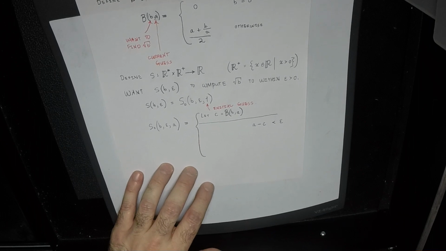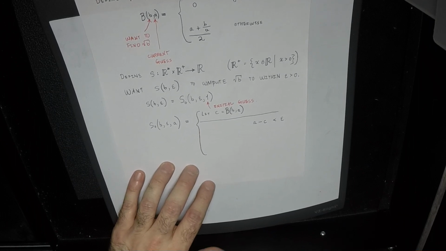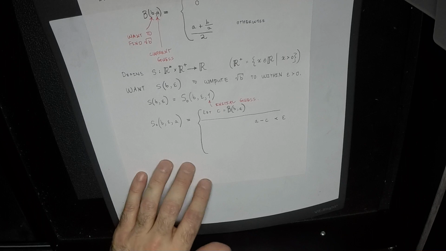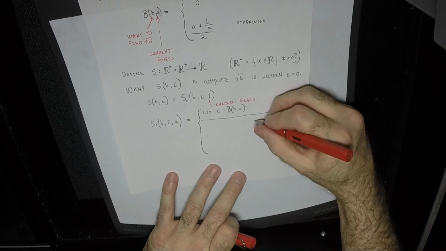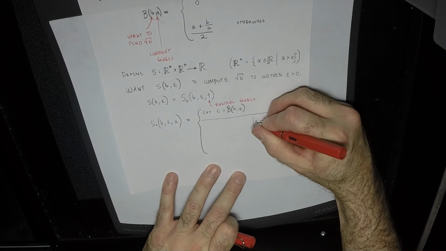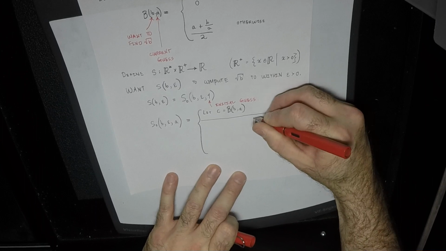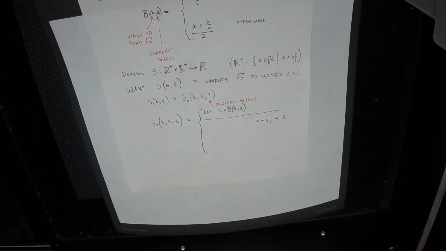Okay. Or the magnitude. That's better. Right, which is to say that this one. So when the absolute value of the difference of these two is less than epsilon, that means that we must have gotten close enough.